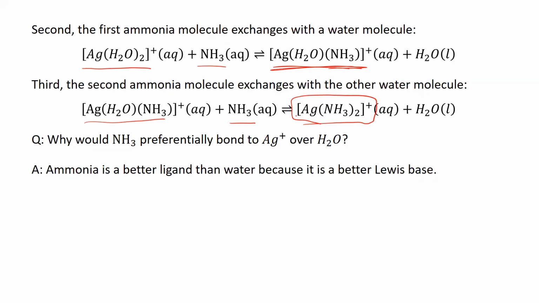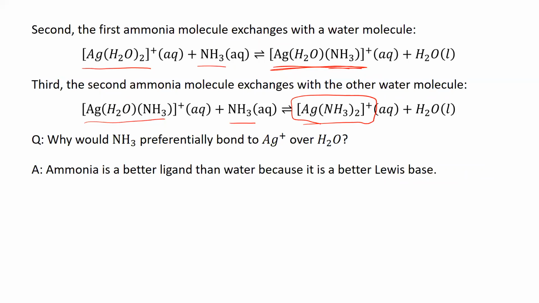Okay. Now, why is it that the silver would prefer to bond to the ammonia over the water? Because if you think about it, the water is at a very high concentration, right? If you just have liquid water, it's a 55 molar solution. So the concentration of water in an aqueous solution is pretty close to 55 molar. Whereas the ammonia, maybe you put in 1 molar worth of ammonia.